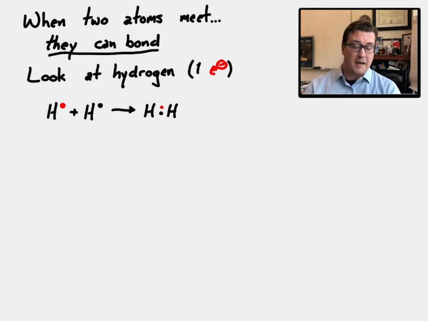When 2 atoms meet, they bond, and we'll talk more about bonding later, but let's just look at hydrogen as an example. Each hydrogen atom has 1 electron that it can share. In this case, I've highlighted them in red and black, but really, once they are sharing them, they have no idea which electron they started with.